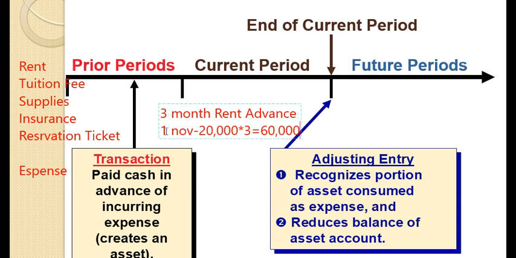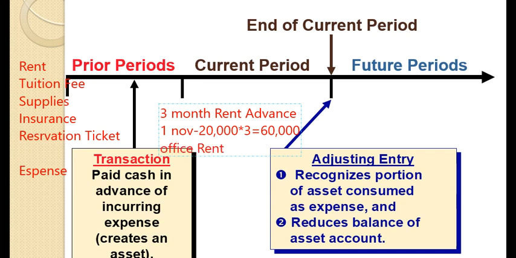And what type of transaction will you perform right now? That's a simple transaction, the 1st November transaction. You will write simply rent. It is basically an expense, and I'm saying it is office rent.